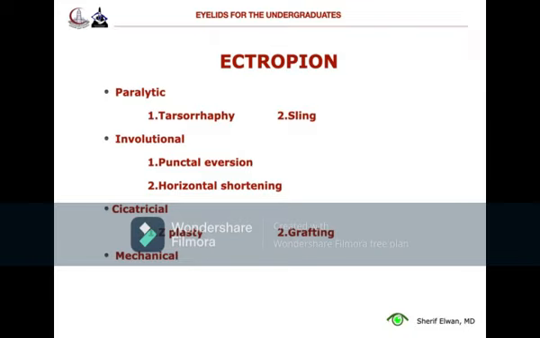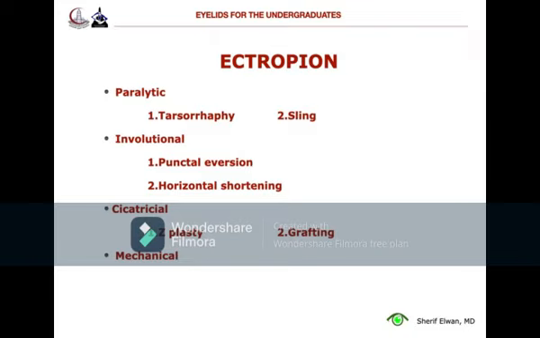By involutional, we mean again the age-related ectropion, and this occurs due to many factors, including the laxity of the tissues, like laxity of the orbicularis, laxity of the tarsus, and so on. And we may treat it, if it is localized at the punctum, by punctal eversion or by horizontal lid shortening.